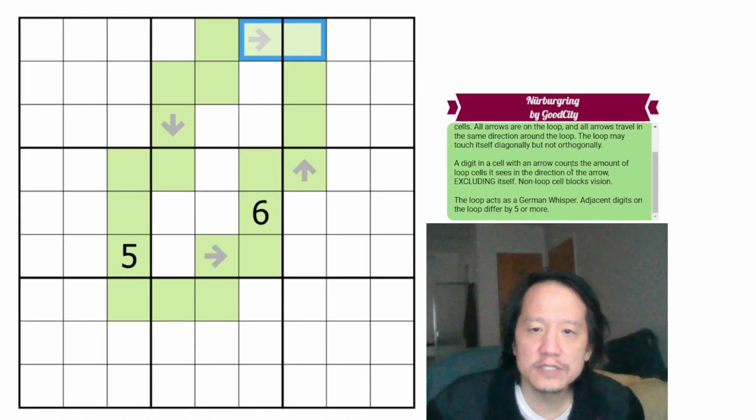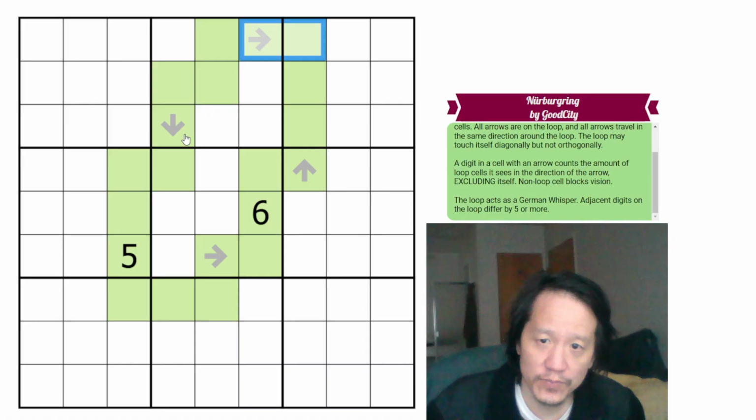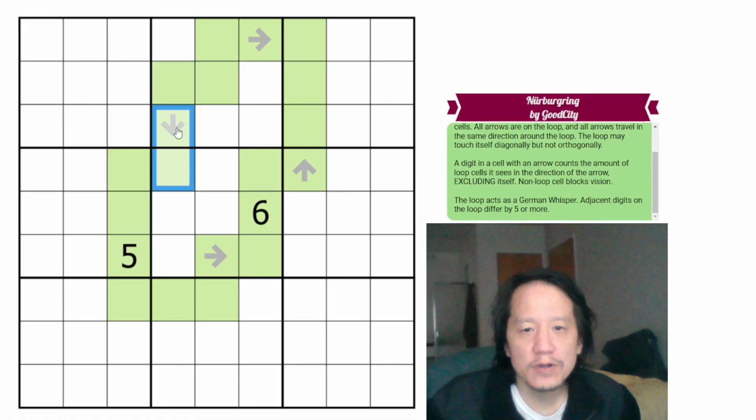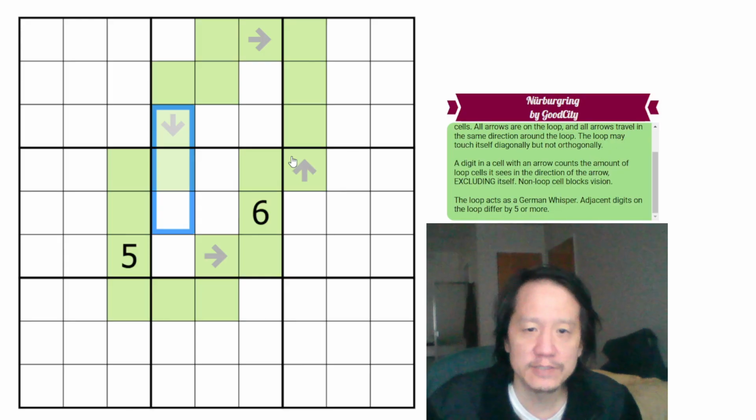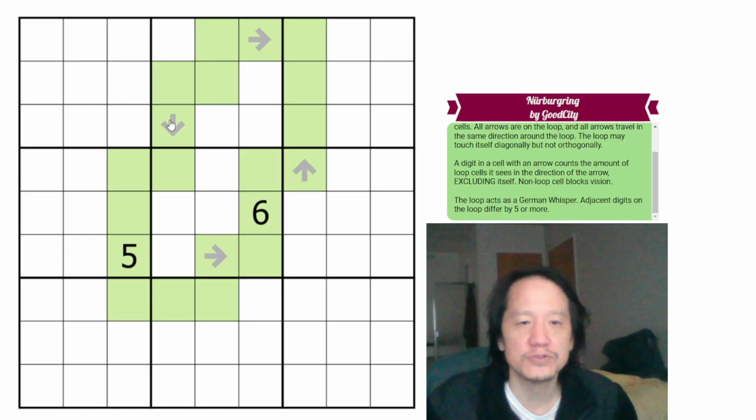Anyways, a digit in a cell with an arrow counts the amount of loop cells it sees in the direction of the arrow, excluding itself. Also, non-loop cells block vision. That's important, because otherwise this would be 2 if non-loop cells did not block vision.